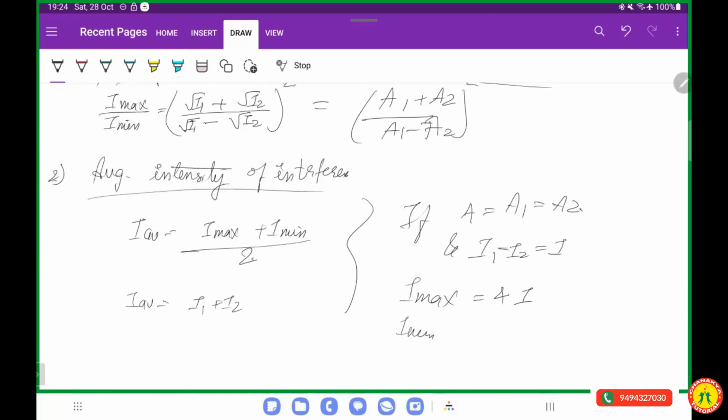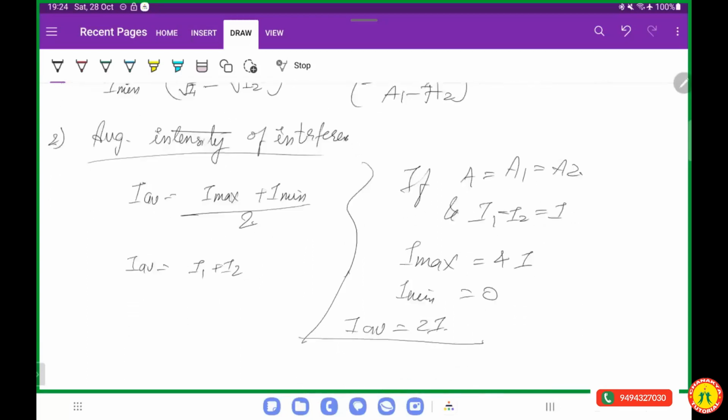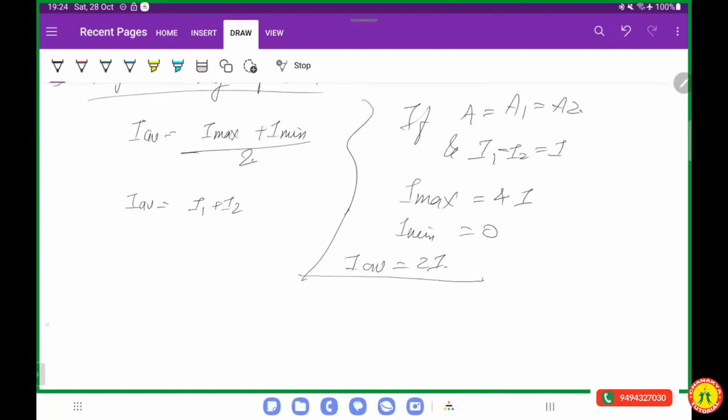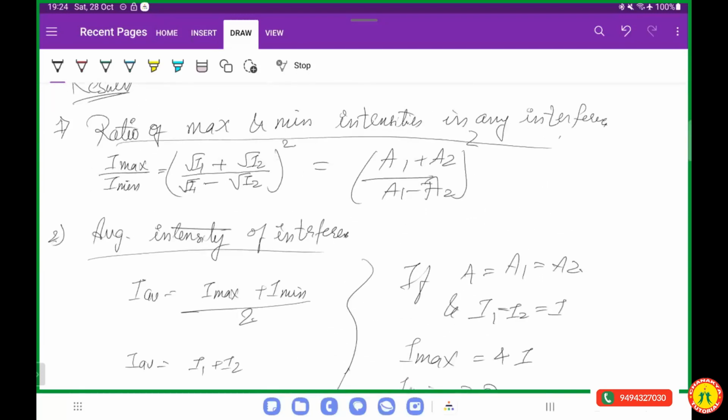And I min will become 0. And I average will become 2I. Come on, make a note of it.